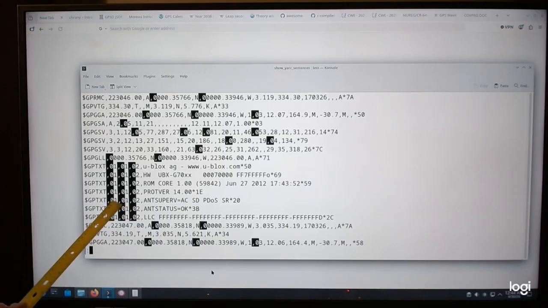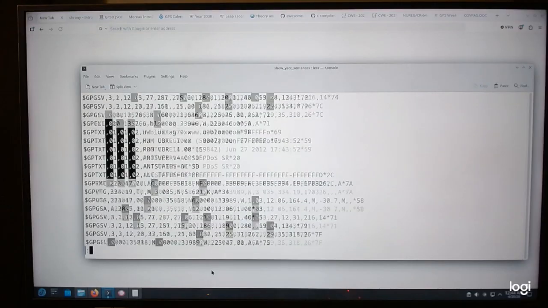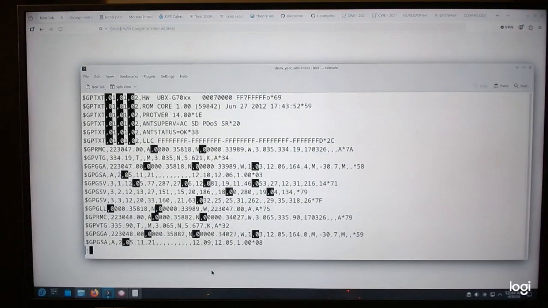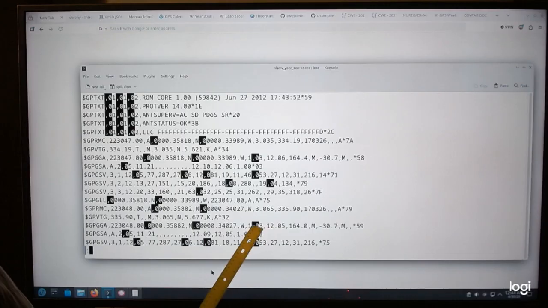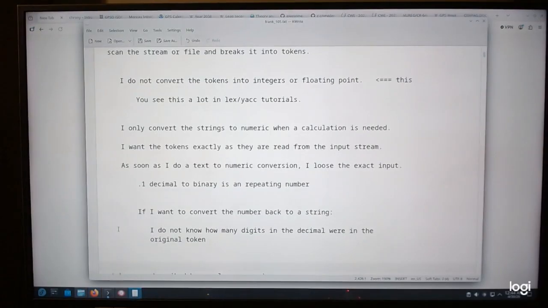It would just convert 01 into 1, or 02 into 2. But I want to know exactly what that lexer is reading. And you'll see it common throughout this file, just all over the file right here. And that is the reason I do not convert those strings over to numeric.